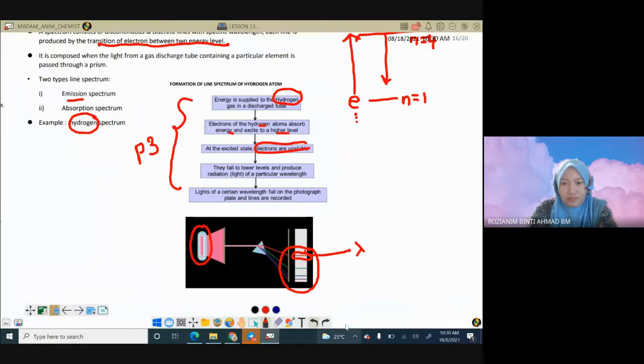So maksudnya apa itu line spectrum? Line spectrum ni ada blank spot. Maksudnya pemisah di antara line merah kepada line hijau, line hijau kepada line biru. So maksudnya sekarang line merah ni ada wavelength dia, ada nilai tenaganya tersendiri. So yang basically Bohr menerangkan konsep line spectrum.